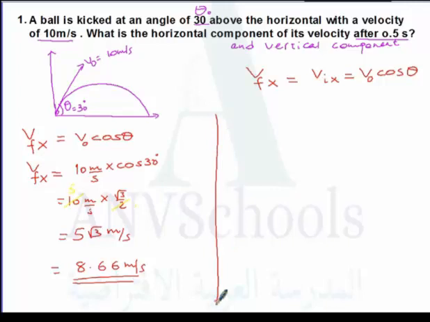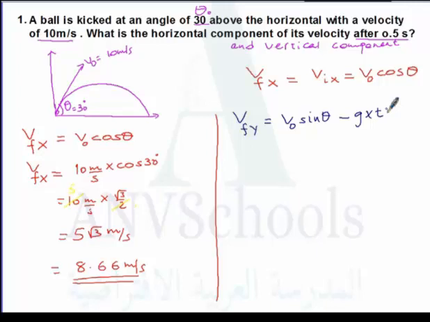It remains the same. Let's check what about the vertical component of velocity? What about V final y? The vertical component of velocity, V final y, is given by V0 sine theta minus g times t. So let's put the numbers.